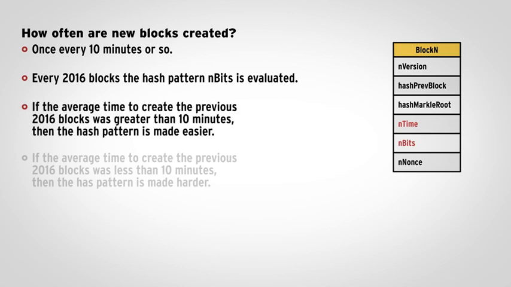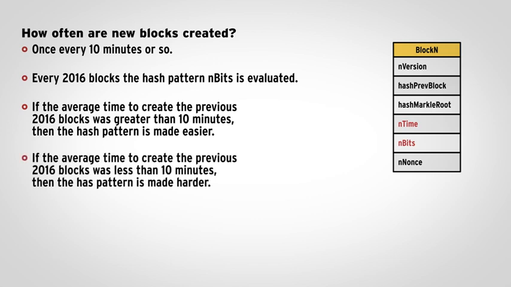If this time is greater than 10, then it makes nBits easier so that people can find the blocks quicker. It reduces the number of leading zeros. Then if the average time is less than 10 minutes, then it makes the pattern harder. So we increase the number of leading zeros, and that's how we make sure that blocks are created every 10 minutes.